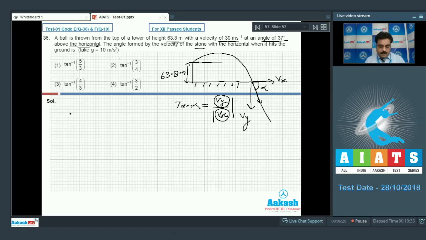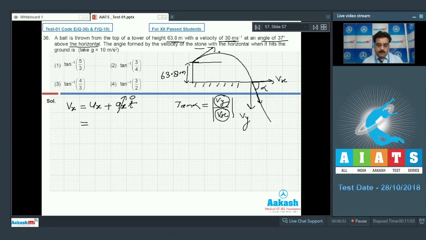So let's see. If I use the equation of motion along the x-axis, Vx = ux + ax t. As I said in the previous question also, if there is no retardation along the x-axis, if there is no air resistance, then acceleration along the x-axis will be 0. So I need the horizontal component of velocity at the point of projection.